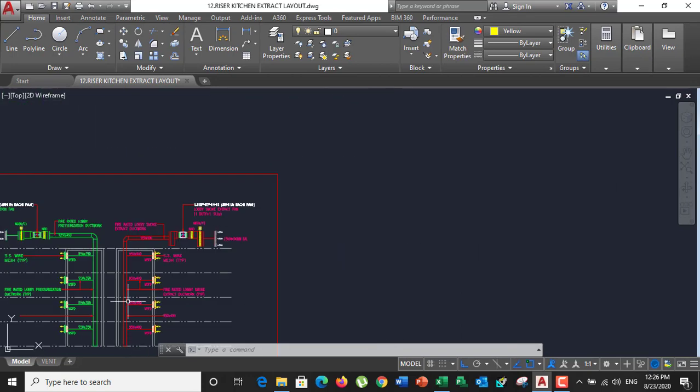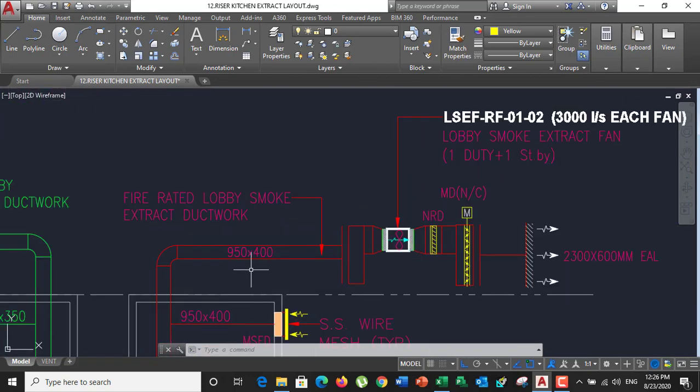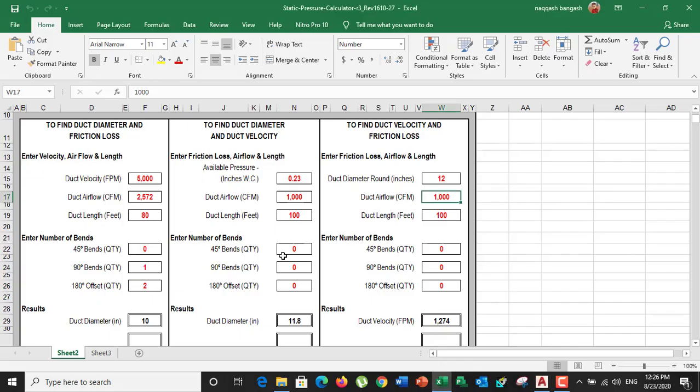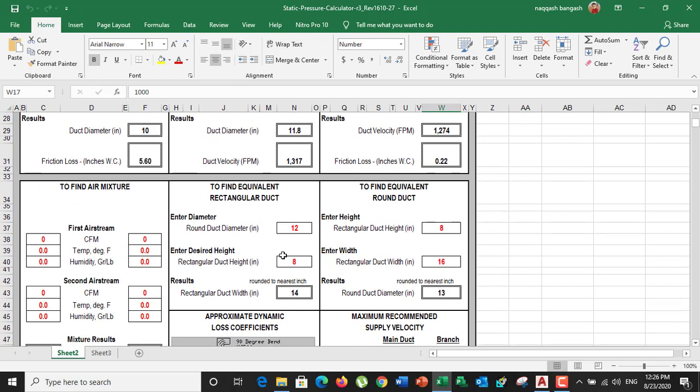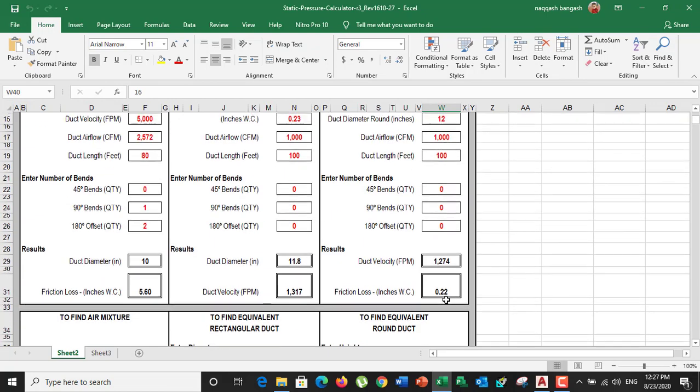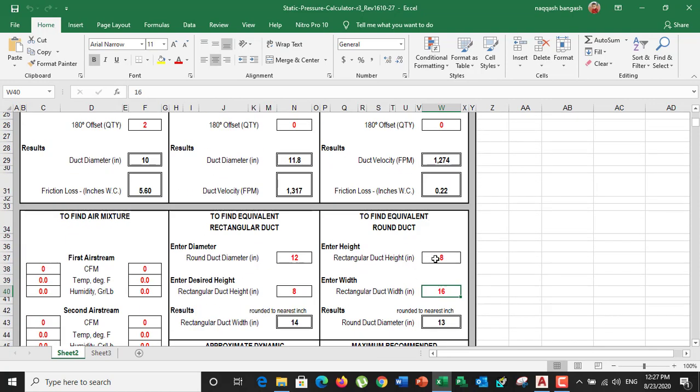I will calculate this. Just put 950 by 400 in this area. It will give the round duct diameter, and you will put this round duct diameter here. So first of all we will calculate the round duct diameter.